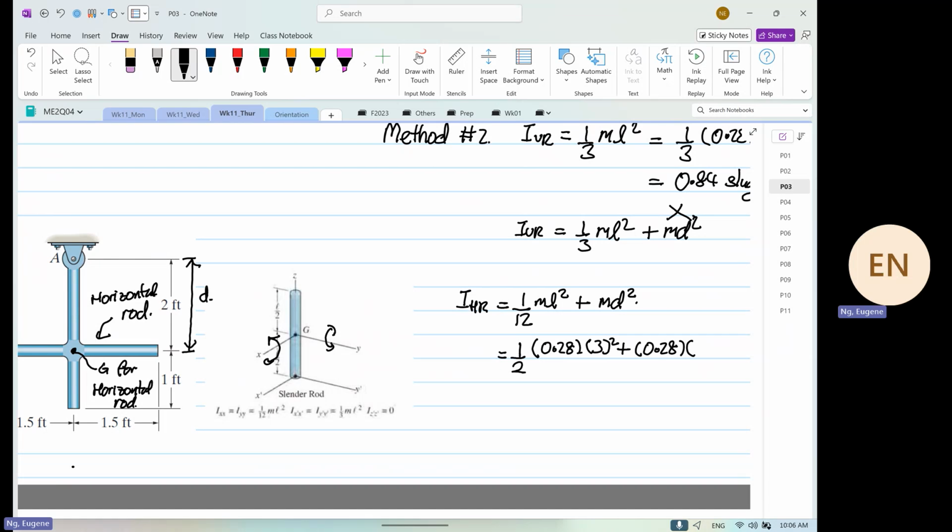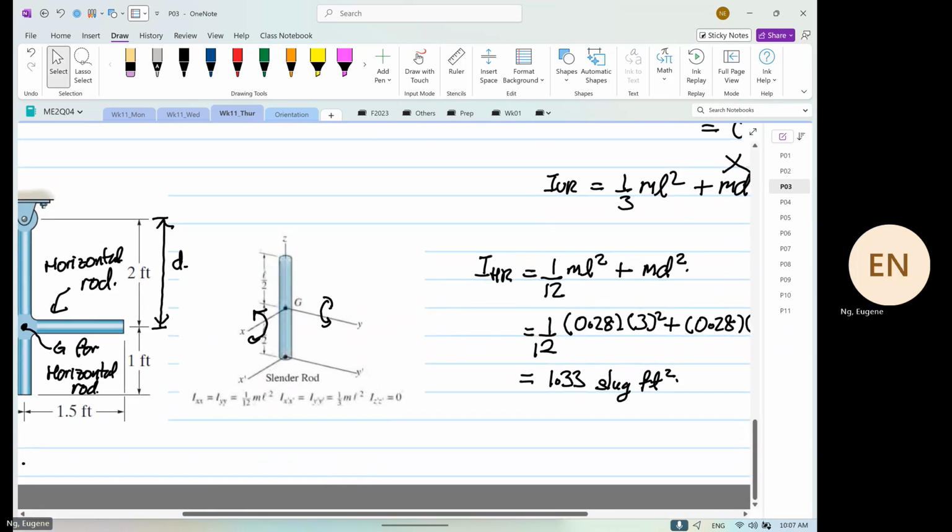Now, this is our D. Okay. So for this case, we have 1 over 12 times 0.28 times 3 times 3 plus 0.28 times 2 times 2, which is equal to 1.33 slug feet squared.